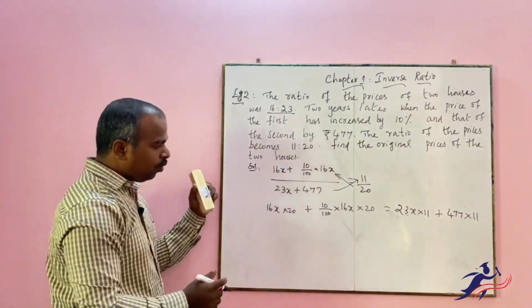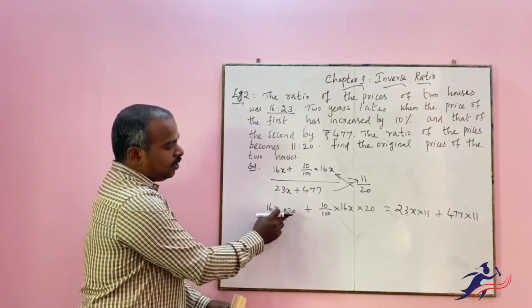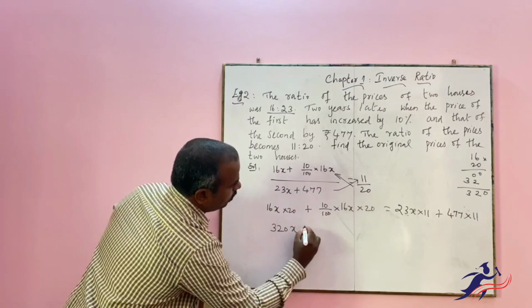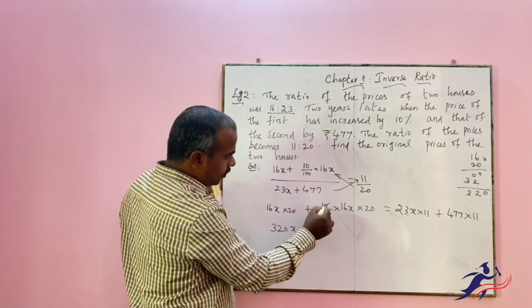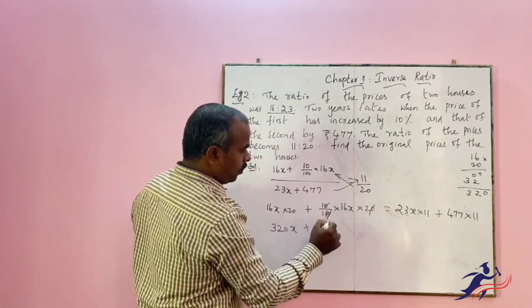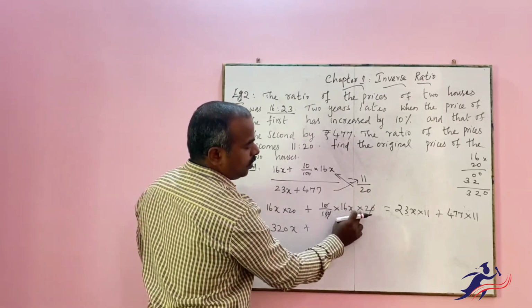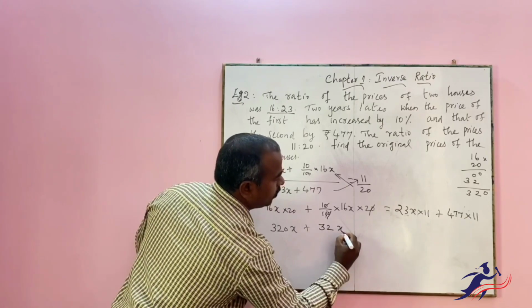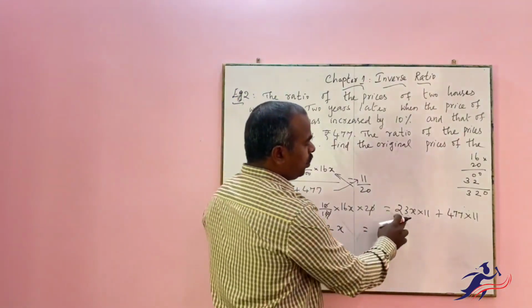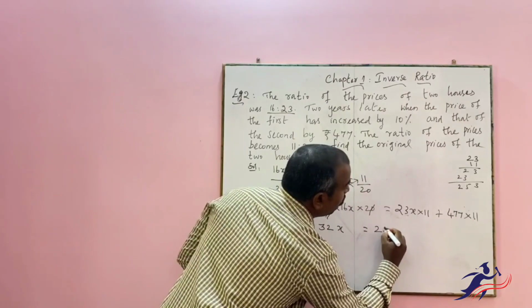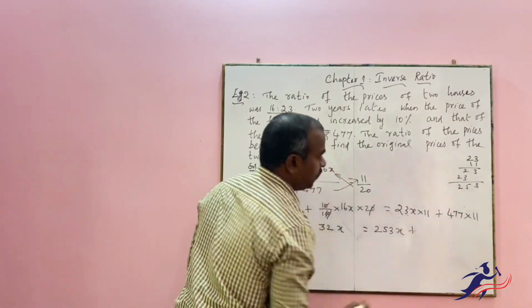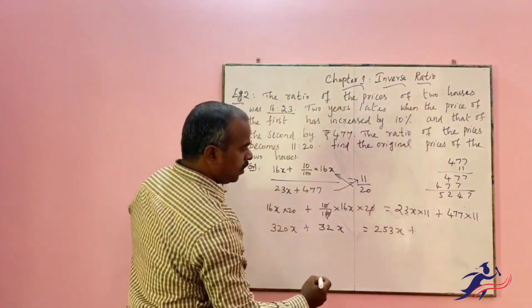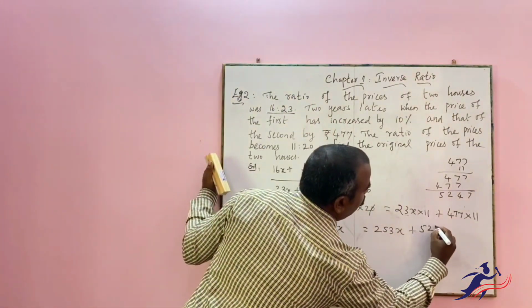Now here it has 16 twenties, so that is 320x plus. Here you can cut the zeros. That is 16x into 2, that is 16 into 2, 32. That is 32x is equal to. Now 23 into 11 is 253x plus. Now 477 into 11 is 5247.